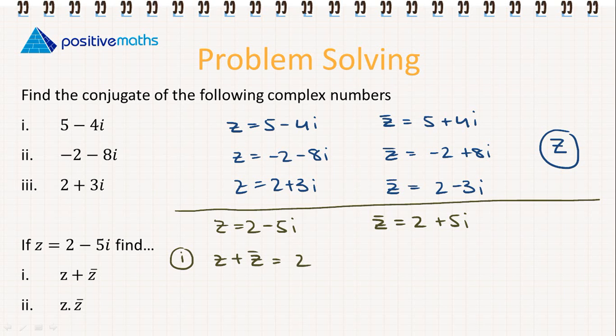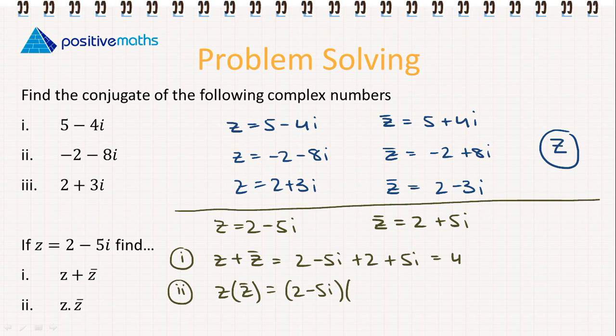This is going to be equal to 2 minus 5i plus 2 plus 5i. So we're going to get 4.